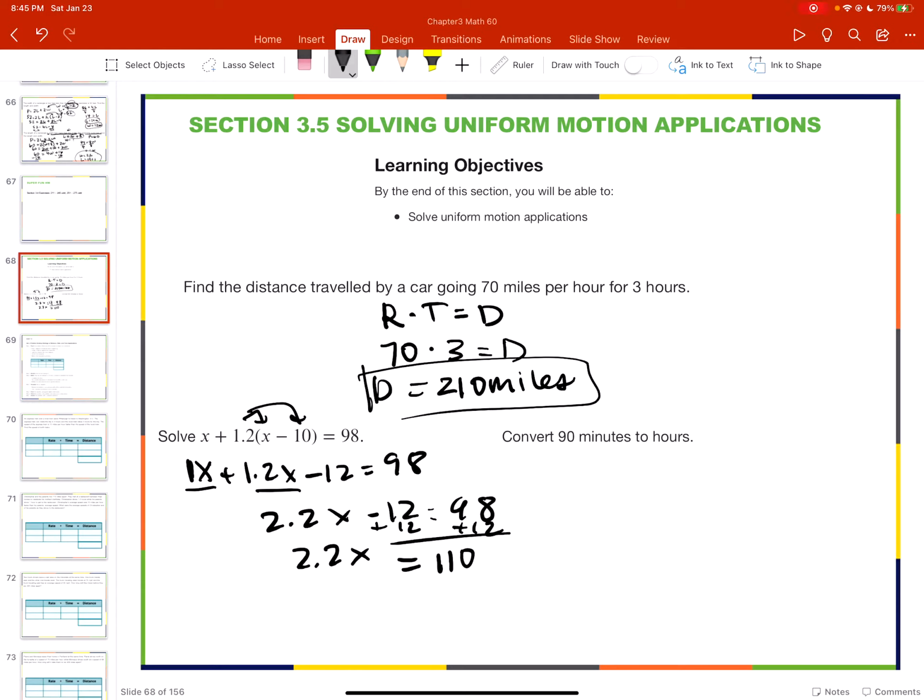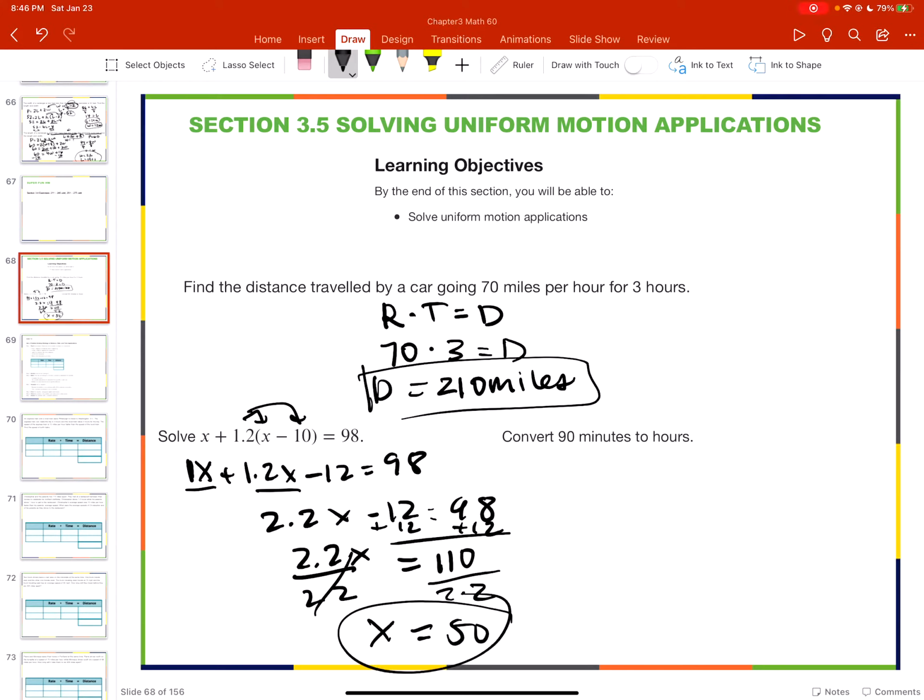Then divide both sides by 2.2. Let's go ahead and figure out what that is. 110 divided by 2.2 is 50. So x is equal to 50.